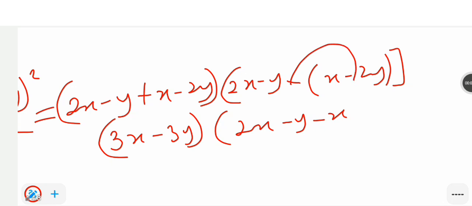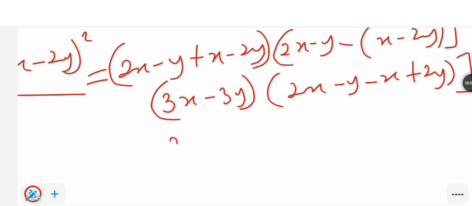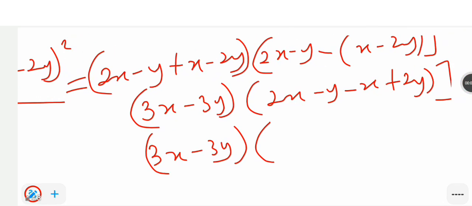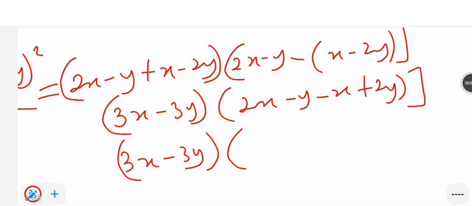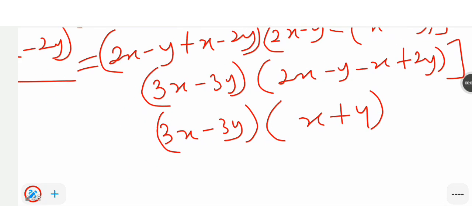Minus times minus is plus 2y. So I can now break it down further. 3x minus 3y. So 2x minus x will give you x, minus y plus 2y will give you plus y. So this is everything from the numerator.